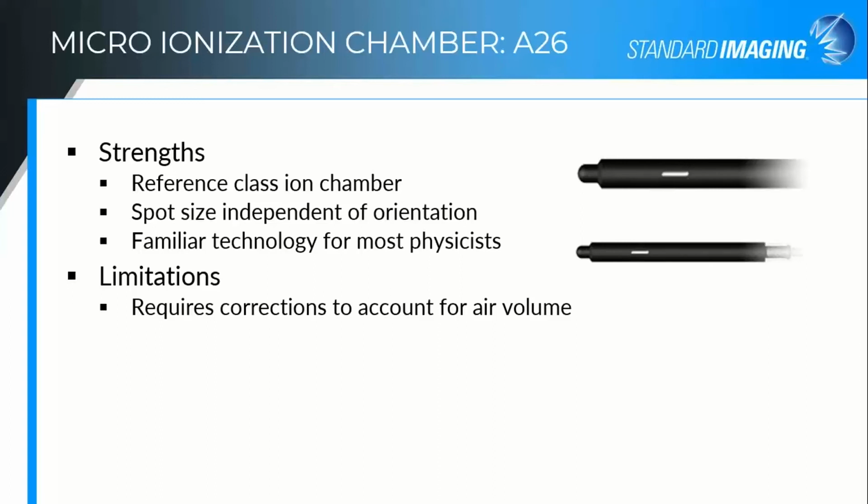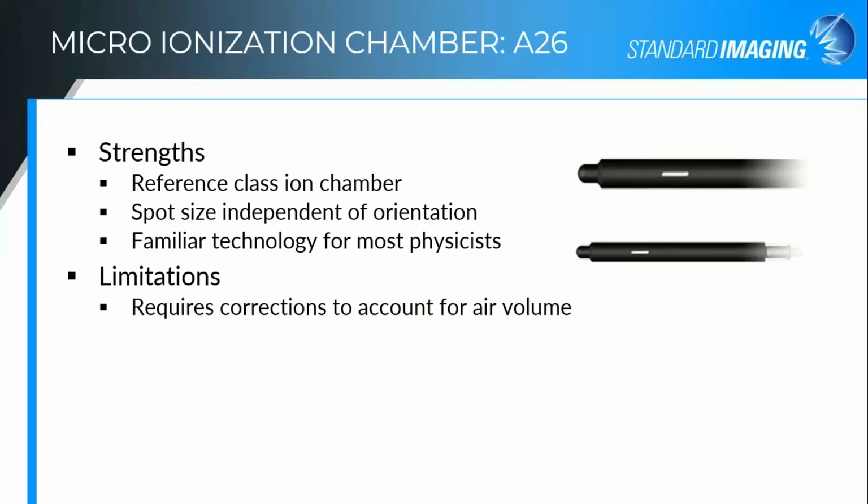Ionization chambers are also very familiar technology for most physicists. People are comfortable with them. It's what we've been using for years. We understand the strengths and the limitations a little better, and our expectations and troubleshooting for these is fairly well established as well.